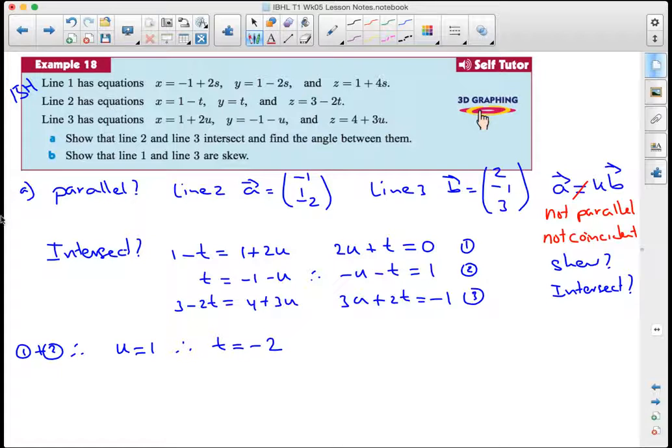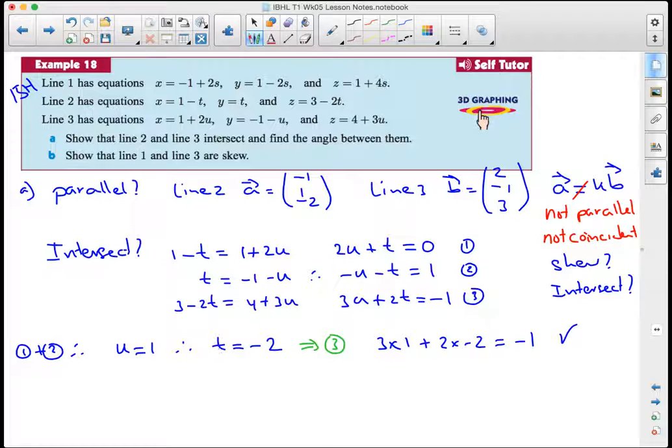Now we can easily check whether these values stick for equation number 3. So we'll put them in number 3, and we say 3 times 1 plus 2 times -2 equals -1. Is that the case? 3 take away 4 is -1. Yes. Therefore, we have found an intersection because the solution for t and u fits all 3 equations.